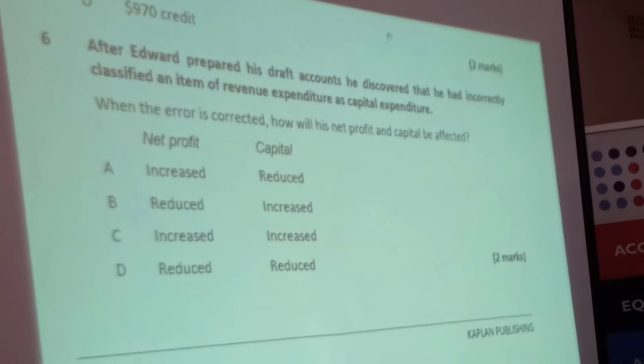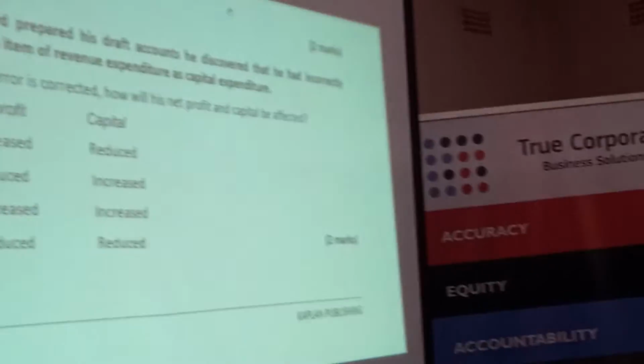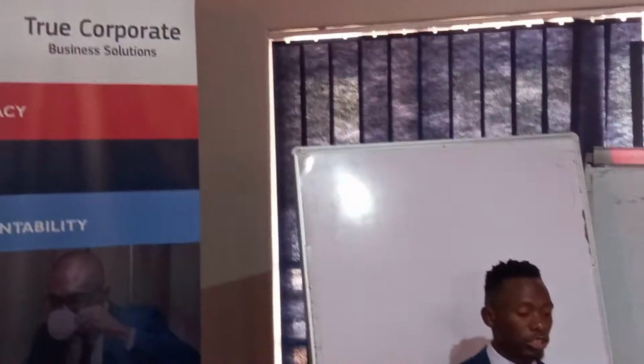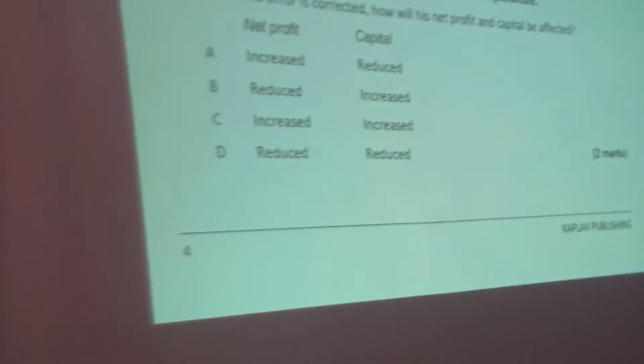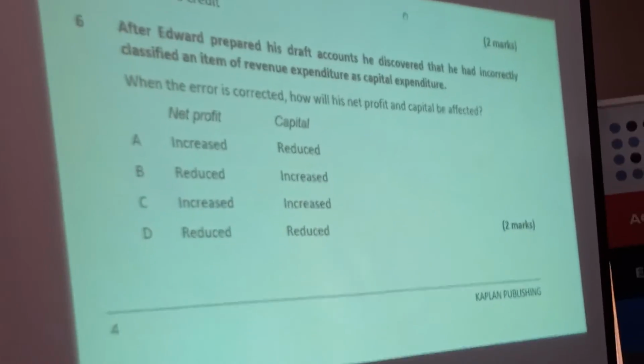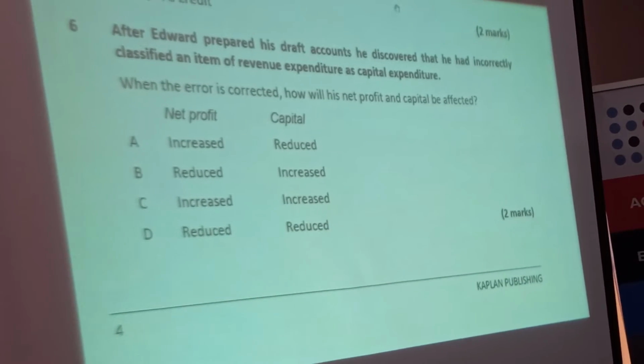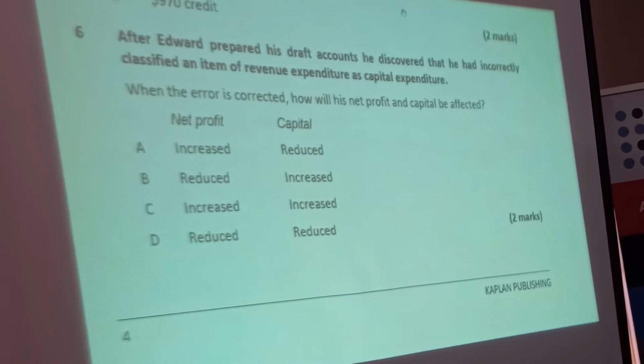Now guys, this question is very tricky. Some of the answers, so don't get confused. Sometimes the correct answer might be increase. You understand? Some of the answers might be decrease. It depends on the question.